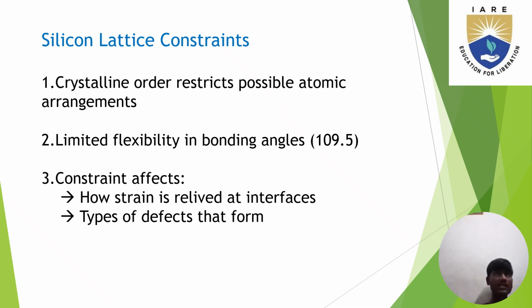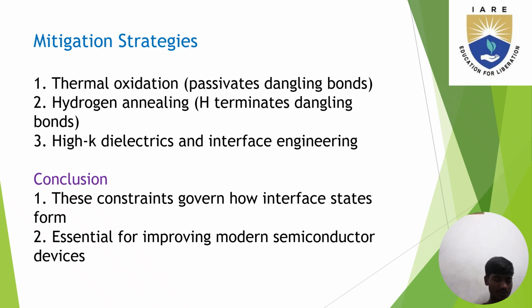mobility. Silicon lattice constraints on interface state structure. Tetrahedral bonding. In a perfect bulk silicon crystal, each silicon atom forms four sp3 covalent bonds with its neighbors, resulting in a stable, energy-minimizing structure.